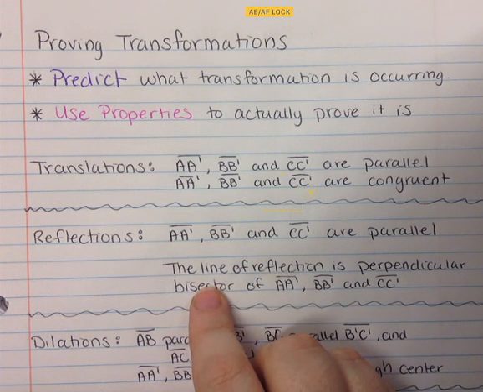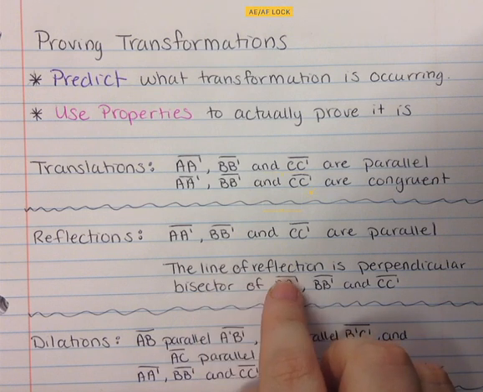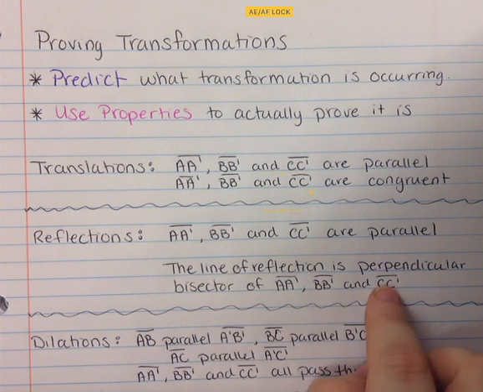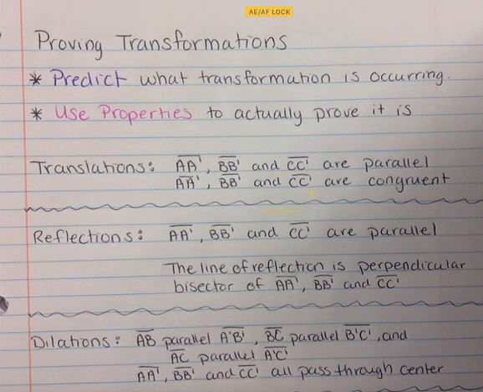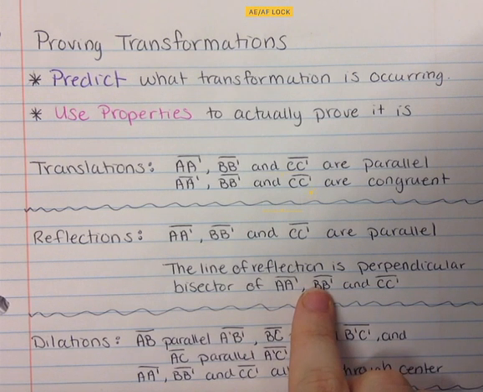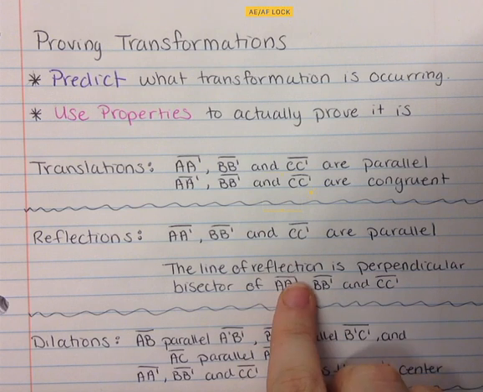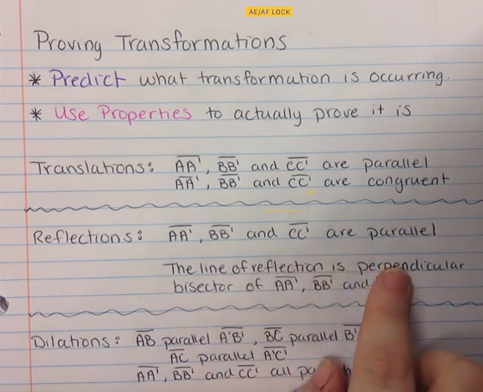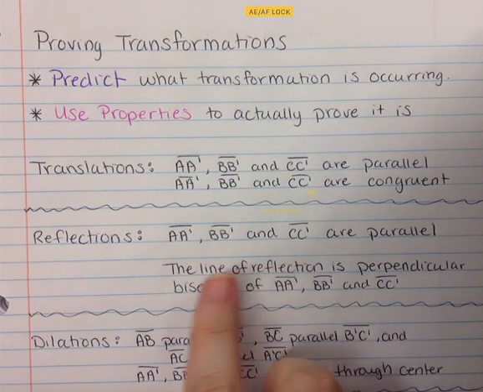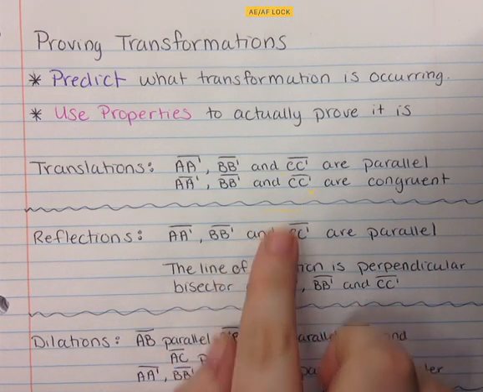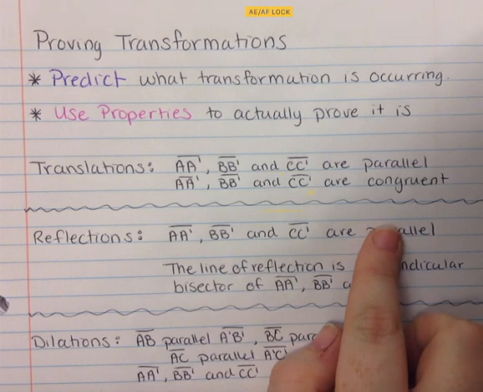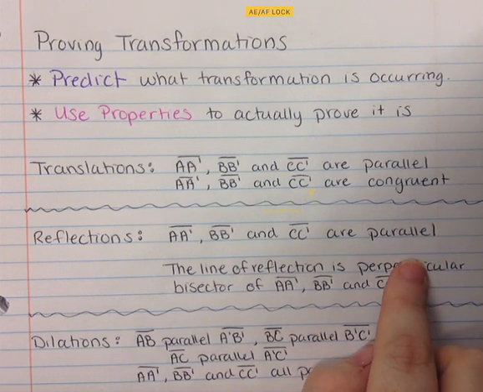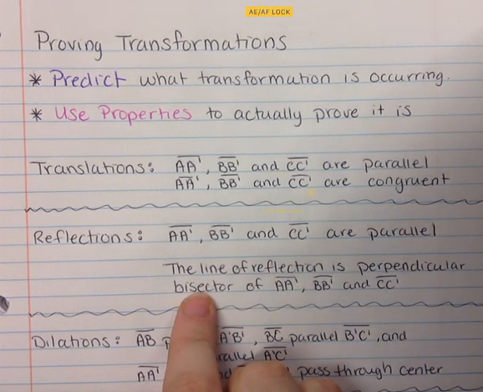Bisector means cuts in half. So the line of reflection has to go through the middle of all of these lines. We don't have to prove congruency. We just have to prove that the line of reflection is perpendicular and goes through the middle. So you actually have 3 things you have to do here. You have to show parallel, you have to show perpendicular, and you have to show bisector.